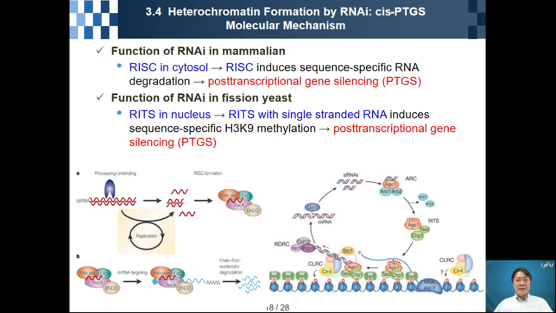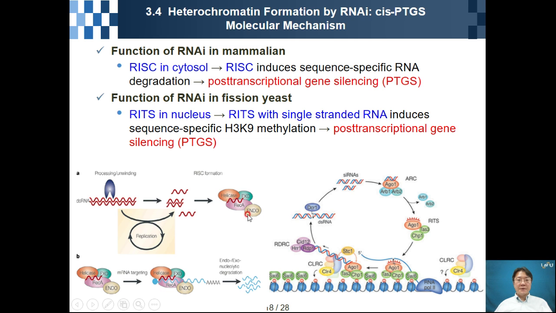In this slide, I will compare the function of RNAi in mammals and the function of RNAi in fission yeast. Let's start with the mammalian. In mammals, after double-stranded RNA is synthesized, several processes happen, and they make the RISC complex.